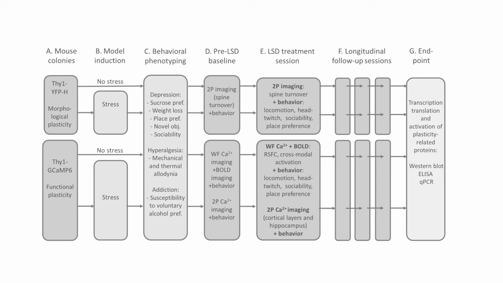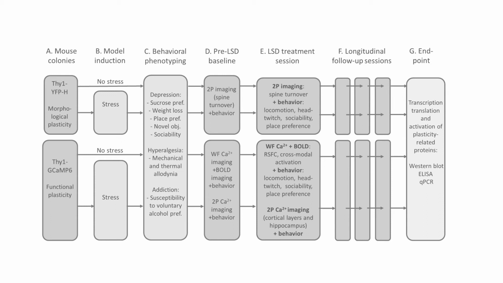characterized in all these mice in the C panel for the readouts, phenotypical readouts typical of different mood disorders, maladaptive states, such as depression, for example. We would use the sucrose preference, whether the mouse prefers the sweet water over non-sweet water.